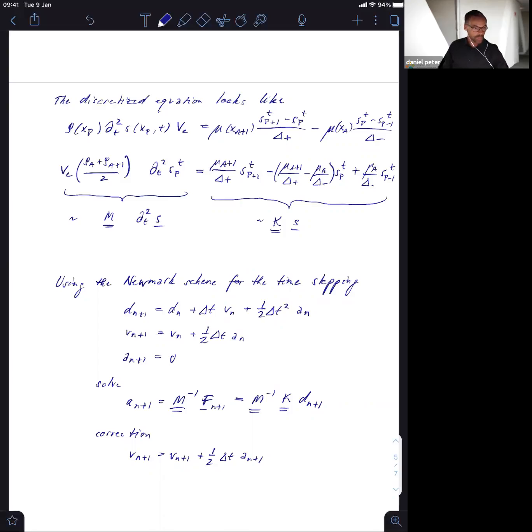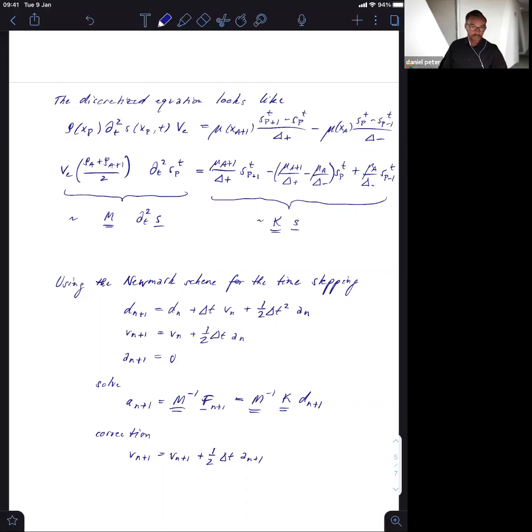Right. Okay so far? So you see we have the matrix form, the discretized equation. Then we can use that to solve for the acceleration within this Newmark time scheme.